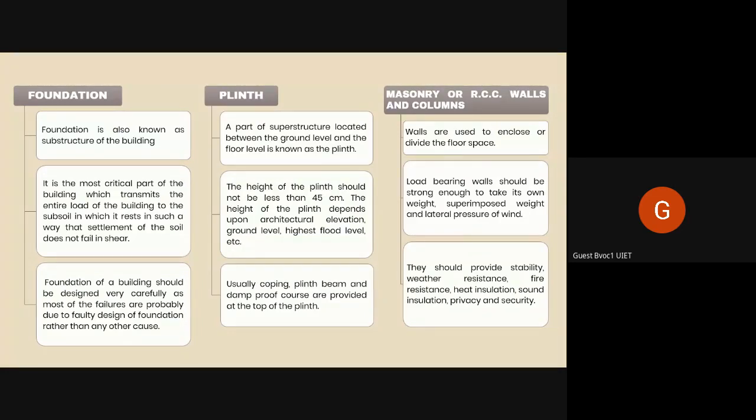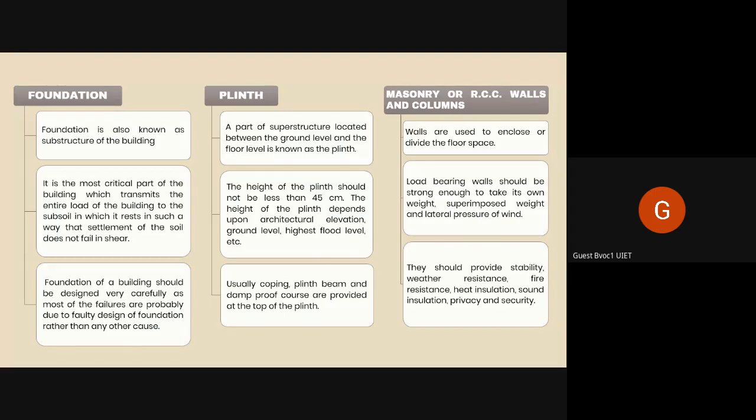That layer is called the plinth, and the height of the plinth should not be less than 45 centimeters, which means 450 mm, which equals how much? 45 centimeters means 1 foot and 6 inches, 1.5 feet.